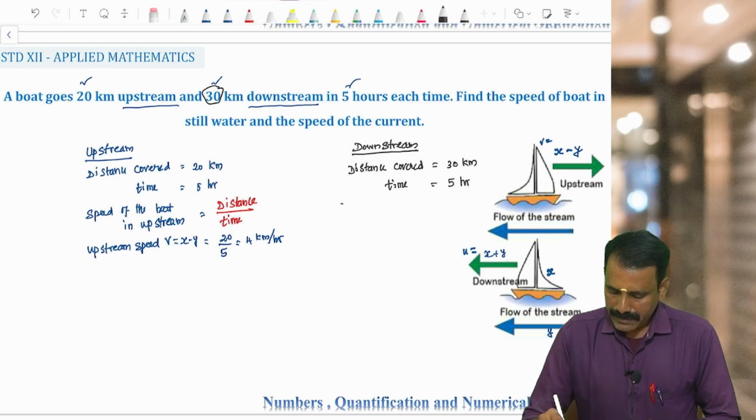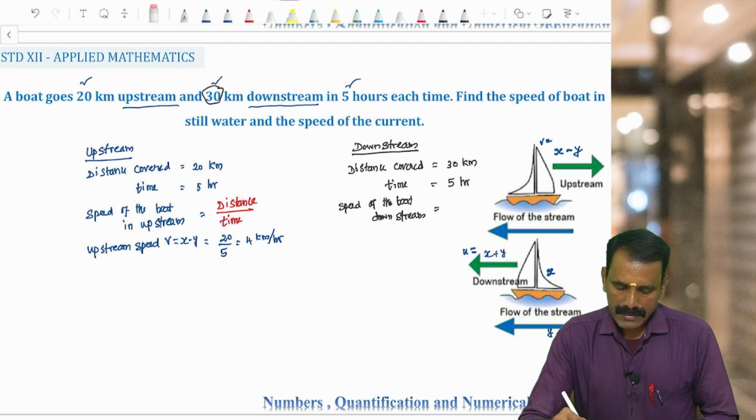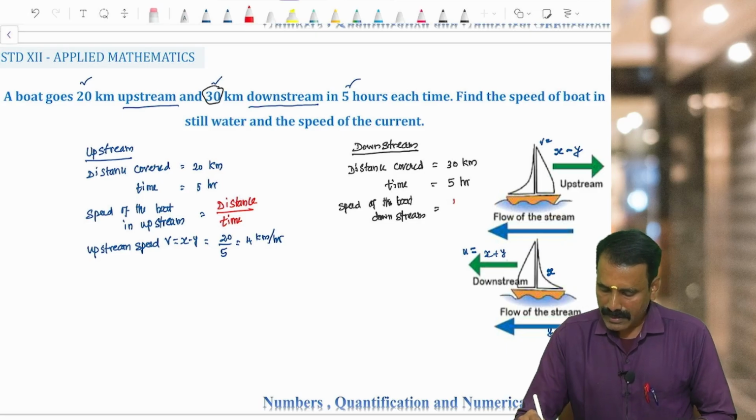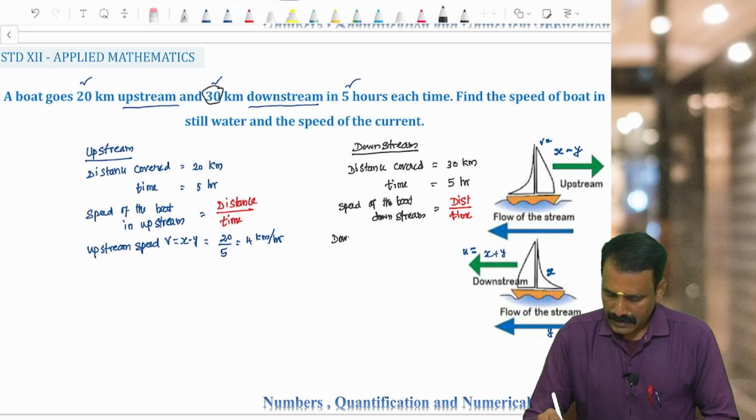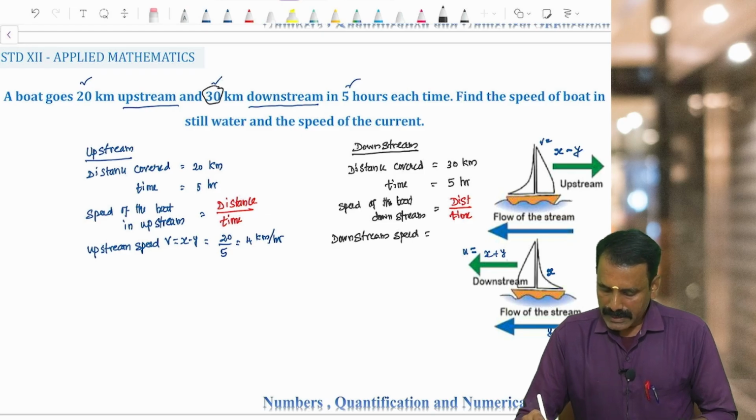Now speed of the boat downstream. Again it is going to have the same formula, distance divided by time. So downstream speed is taken as u.